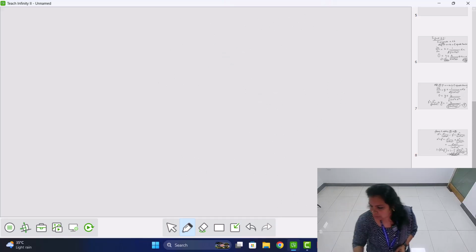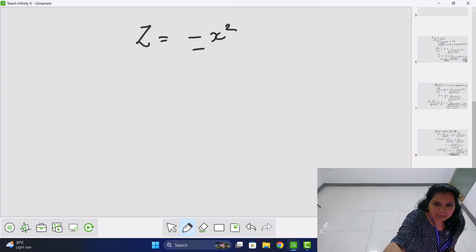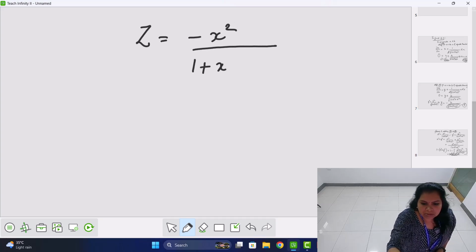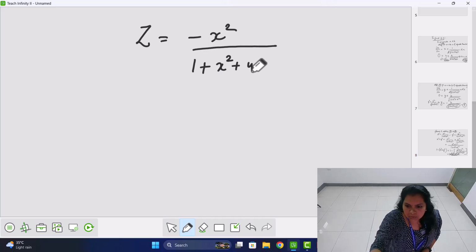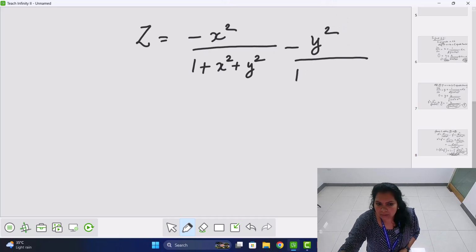So what do you get? So substituting all the values here, you get z equal to minus x square divided by 1 plus x square plus y square minus y square by 1.